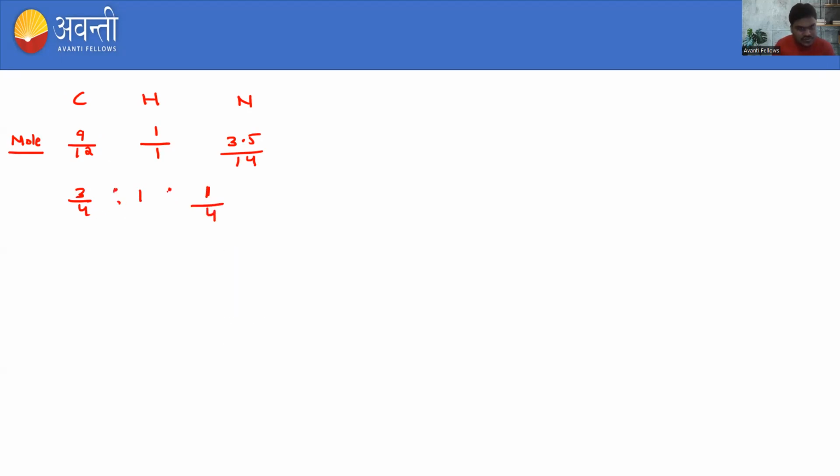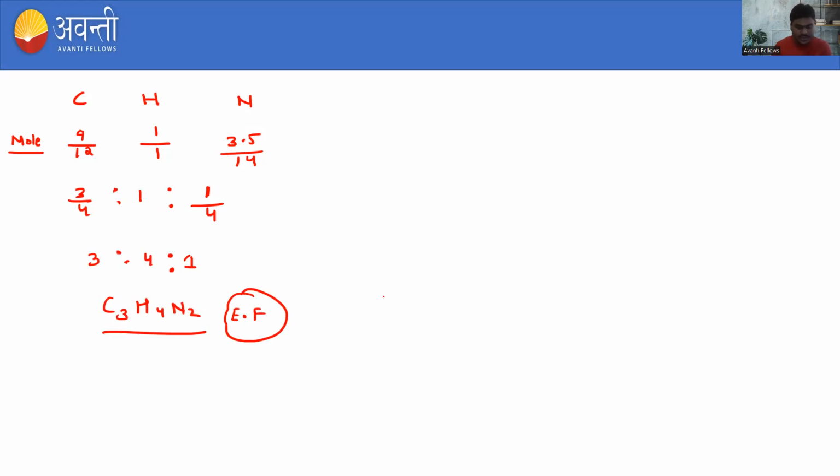So this is the ratio of carbon, hydrogen, and nitrogen. Now, we can also write this as 3, 4, and 1. So the formula is C3 H4 N, so this is the empirical formula. We know that in this way only we can find the empirical formula.